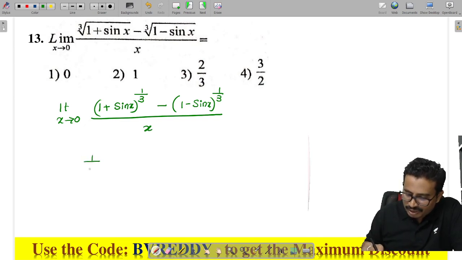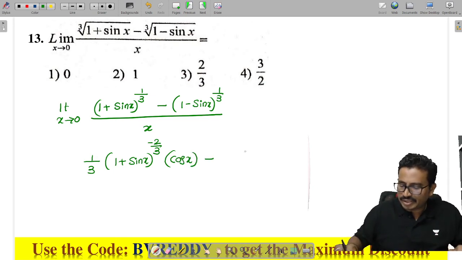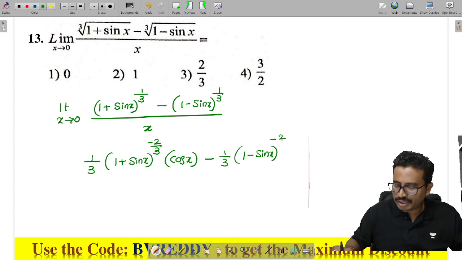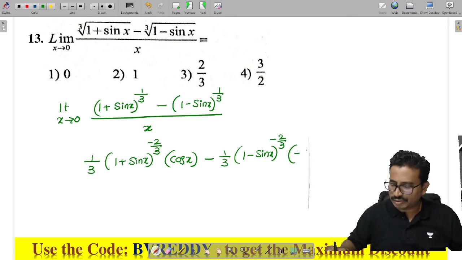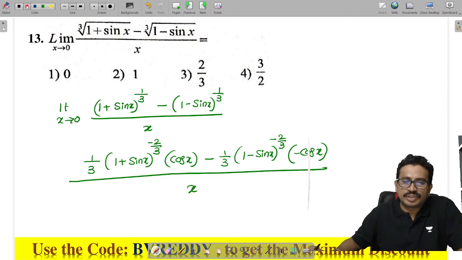Now tell me what I will get. L'Hospital rule: 1 by 3 into (1 plus sin x) whole power minus 2 by 3 into the derivative of sin x, which is cos x, minus 1 by 3 into (1 minus sin x) power minus 2 by 3, and the derivative of minus sin x is minus cos x, by the derivative of the denominator x. Now substitute x is equal to 0.